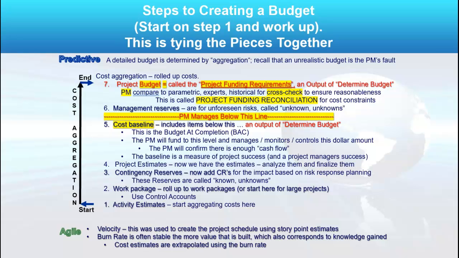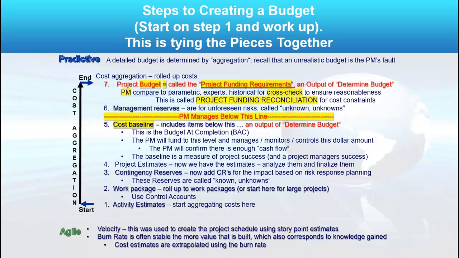I add my contingency reserves, which I determined in schedule and cost management, but it's really a risk management tool, right? And it's about applying quantitative analysis and planned responses in risk management. That's where I get my contingency reserves. You, as a project manager, own the contingency reserves.